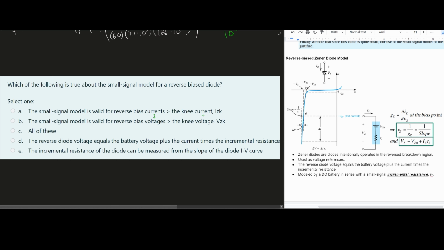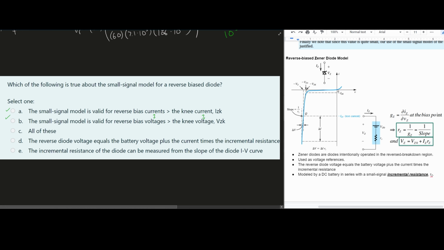This small signal model is valid for reverse bias currents which are greater than the knee current, which is IZK. The small signal model for reverse bias currents is going up like this, and the knee current, which would be right here, is going to be less than our small signal model for the reverse bias currents. It's going upwards, and so these are both going to be true, for the current and the voltage.